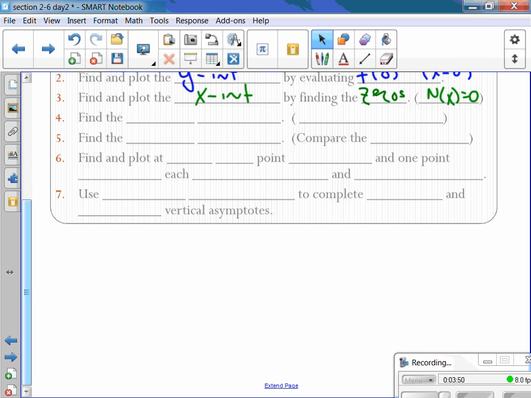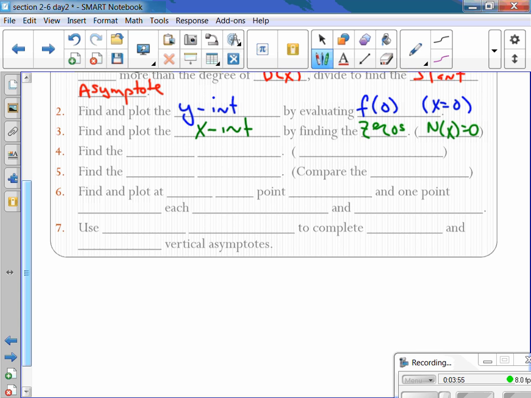So we have our x and y intercepts, plotted those. Then we can find our vertical asymptotes. Where do we get our vertical asymptotes from?